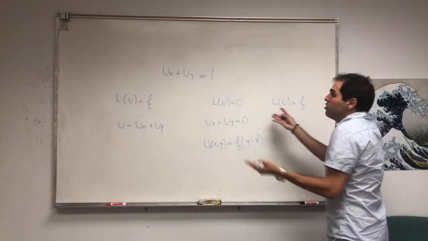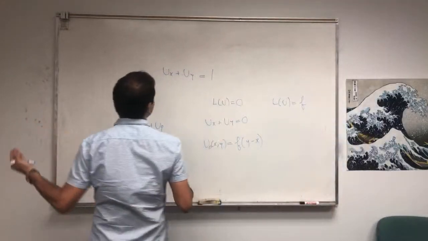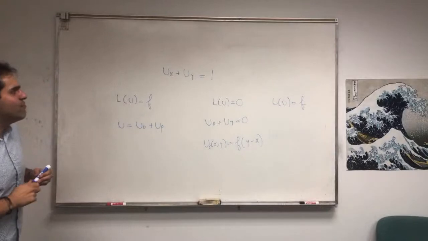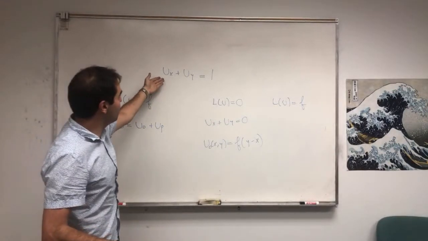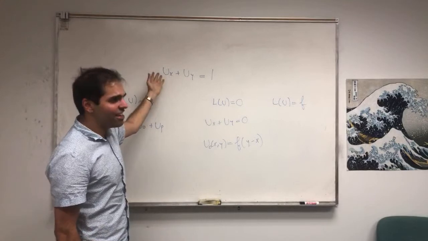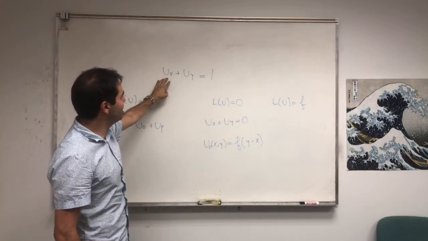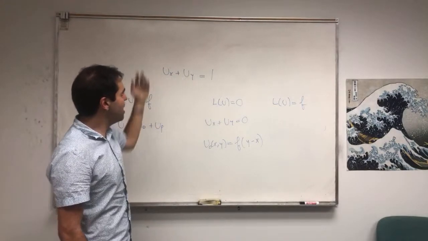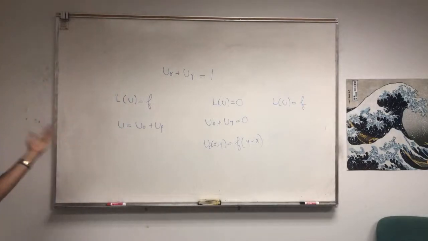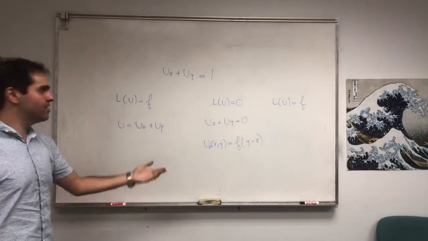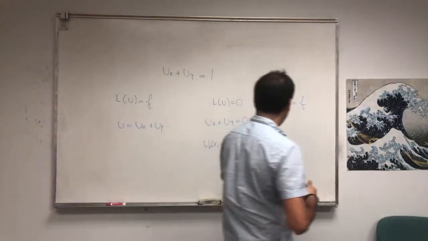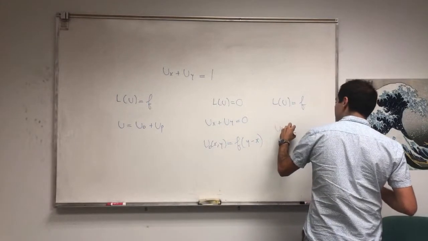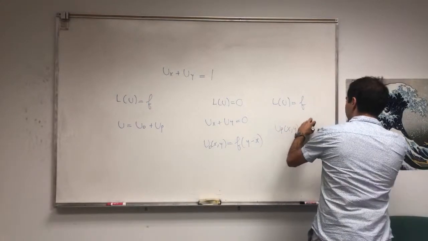To find a particular solution, here you just have to guess. Can you think of one very easy function such that if you differentiate it with respect to x and with respect to y, you get 1? Just guess. For example, x would work, or y would work. So a particular solution would be, let's say, x.